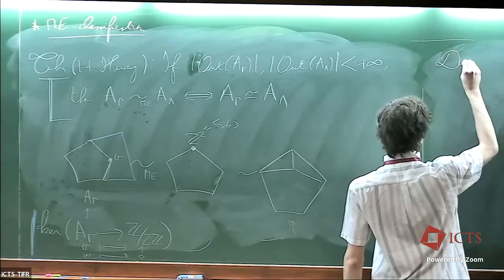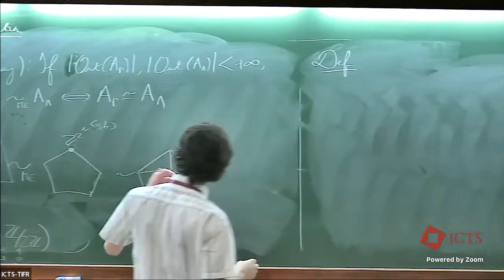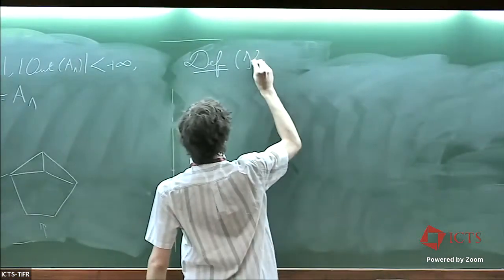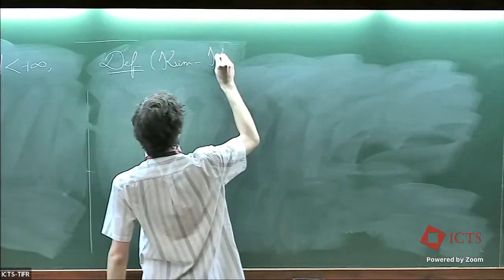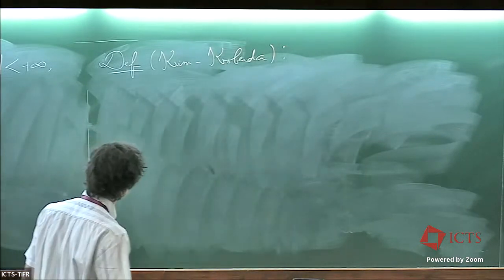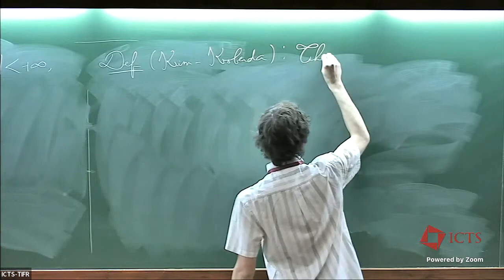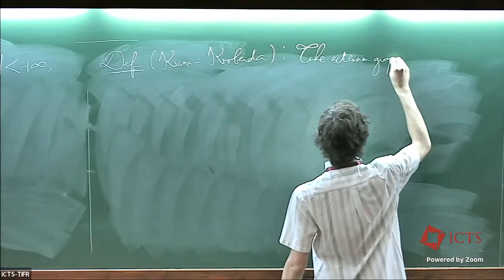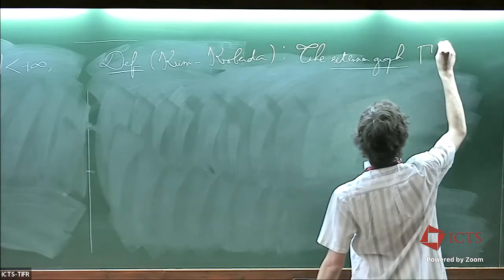So there is an analog of the curve graph for a RAG, which was constructed by Kim and Koberda. It's called the extension graph of gamma.